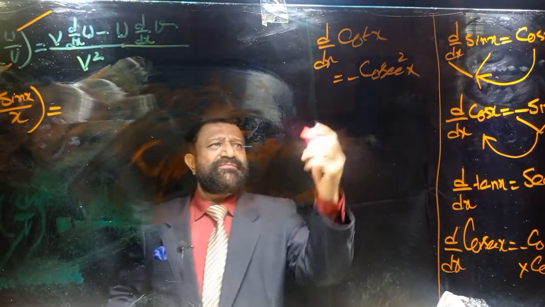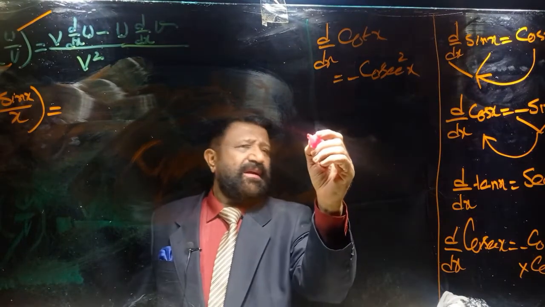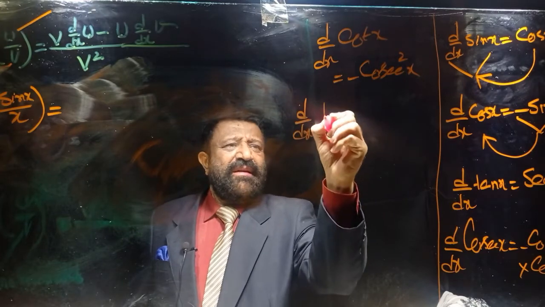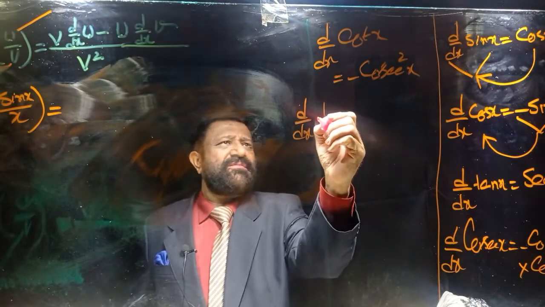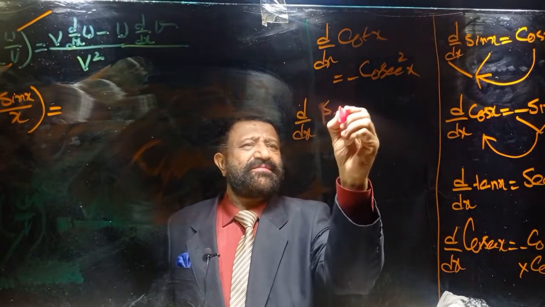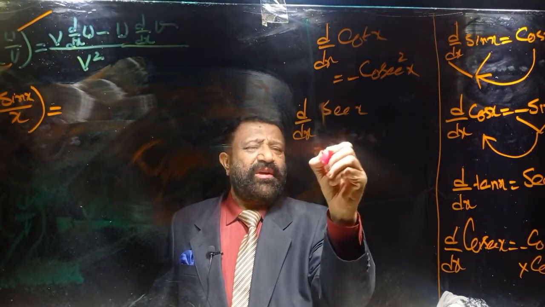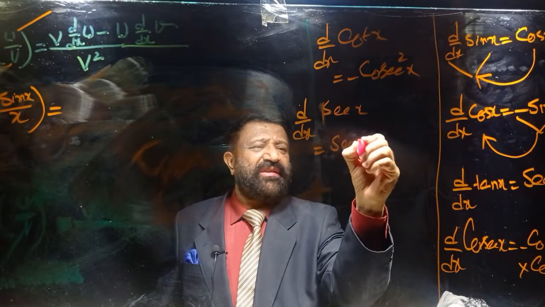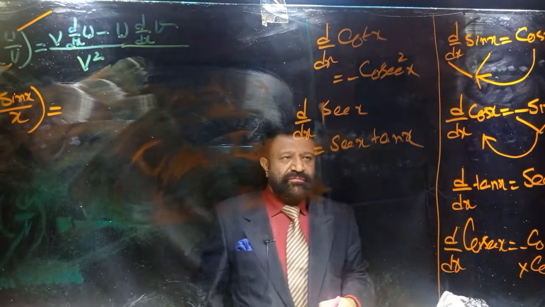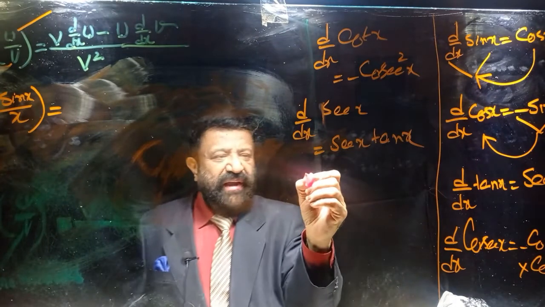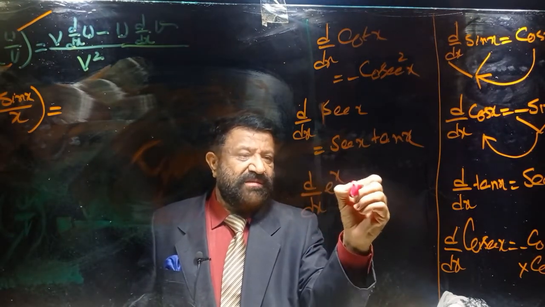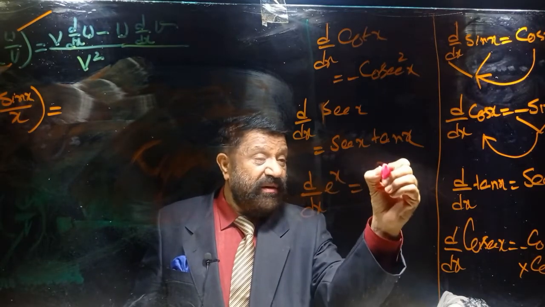Over here, the derivative of secant x is equal to secant x tangent x. The derivative of e^x will be e^x.